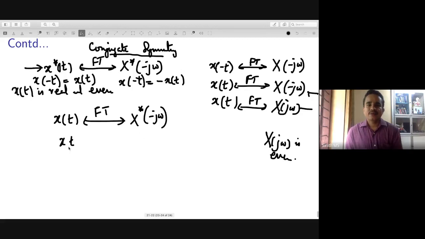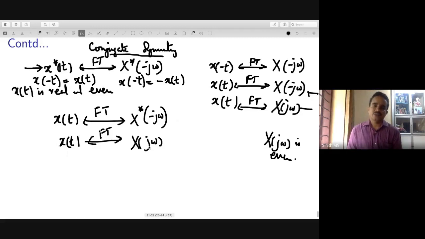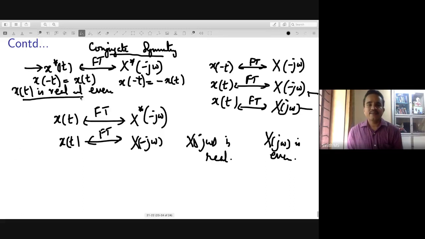You know that x of t has a Fourier transform x of j omega, and since x of j omega is even, x of minus j omega and x of j omega are the same. So if you compare these two, x star minus j omega and x of minus j omega are the same. That means x of j omega is real. So if x of t is real and even, x of j omega is going to be real and even.